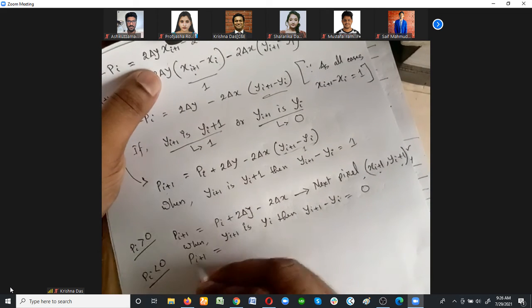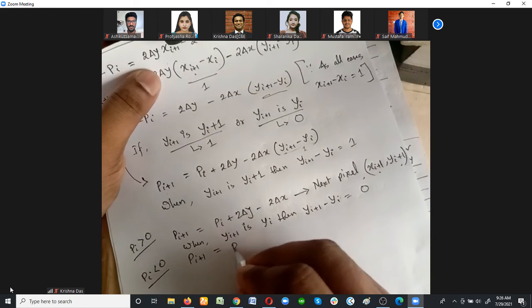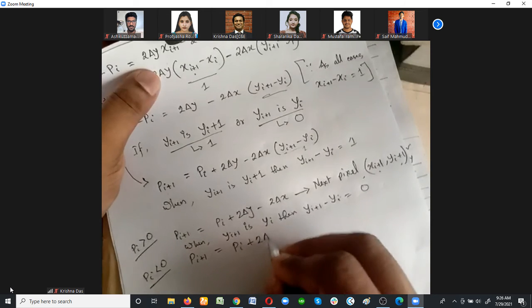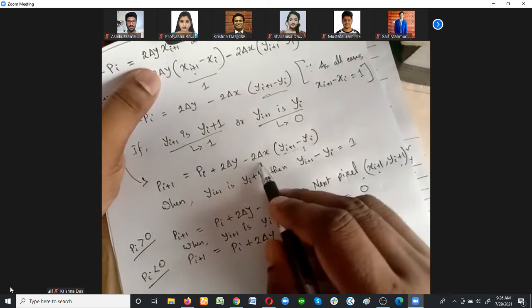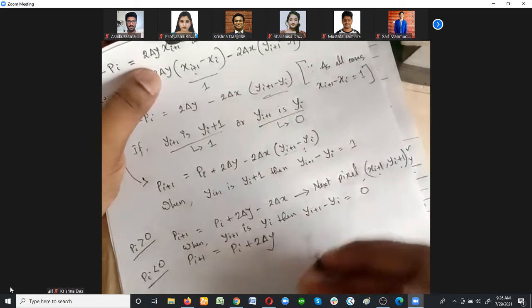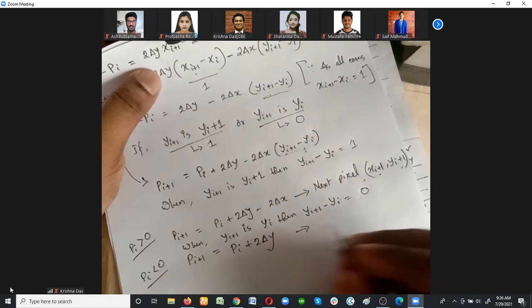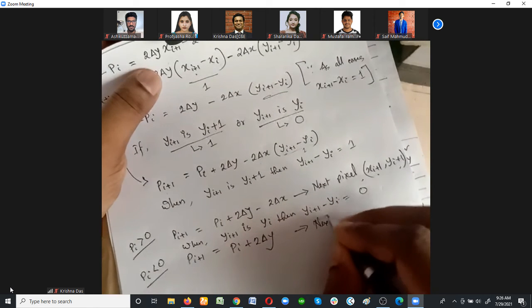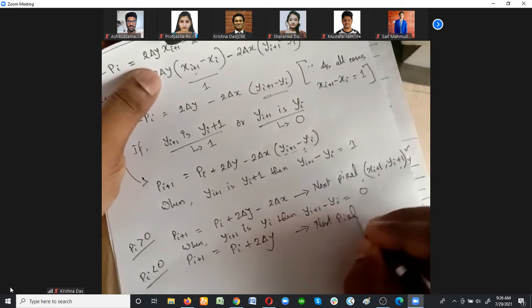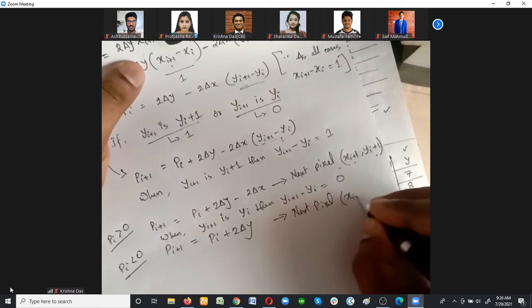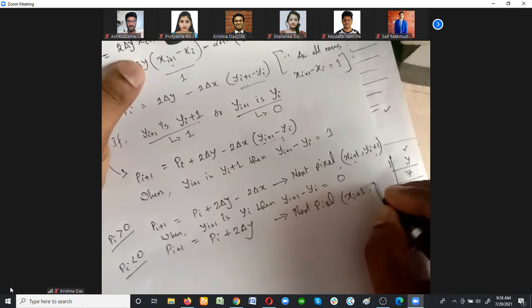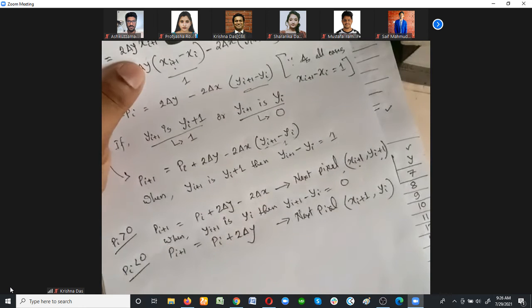And in that situation p of i plus 1 becomes p of i plus 2 del y, because 2 del x into 0 is 0, so the equation retains in that position. And the next pixel would be xi plus 1 and yi only.